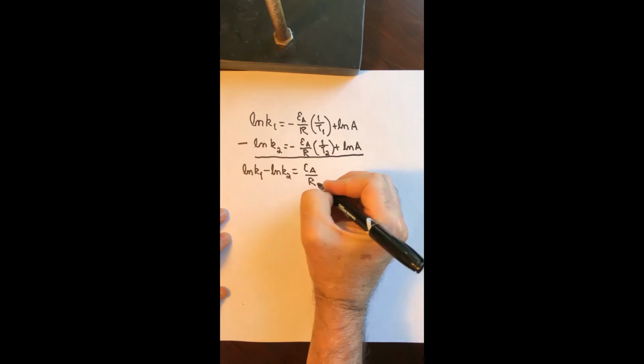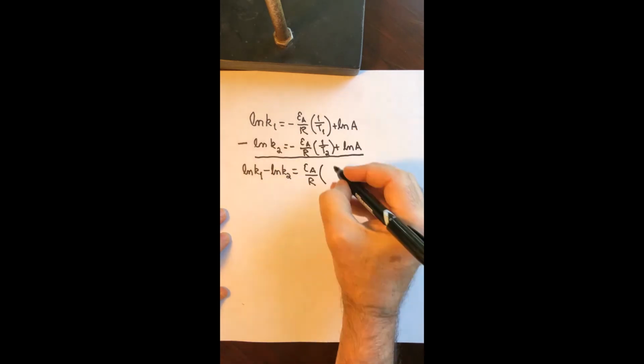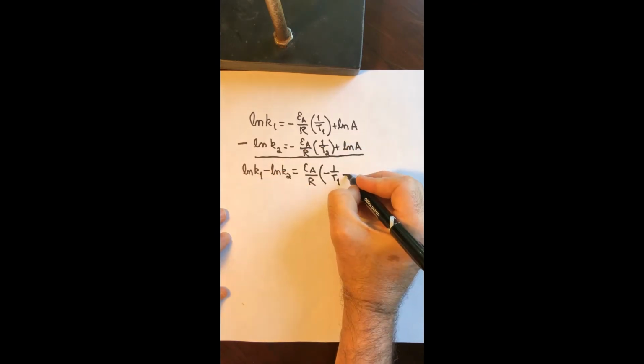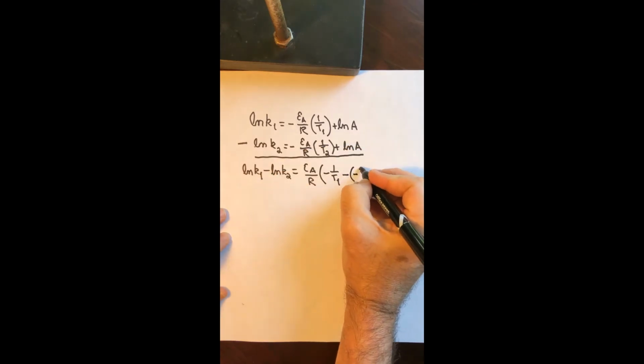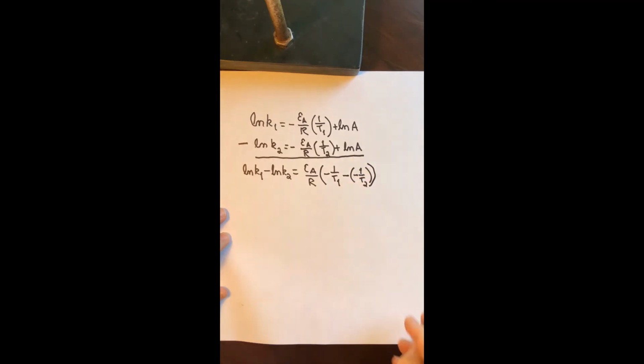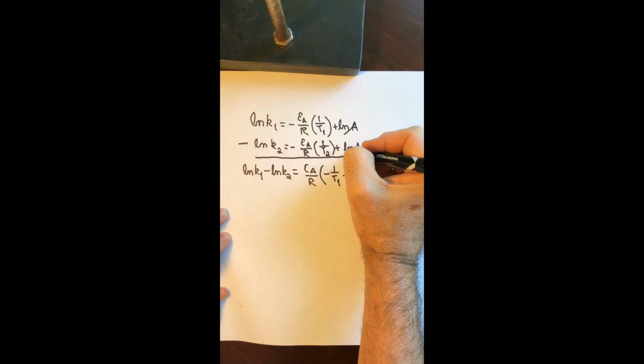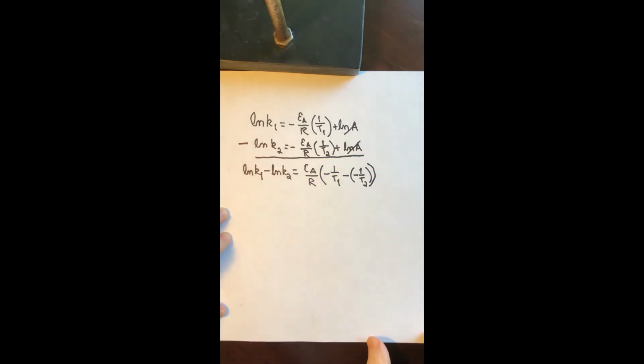Ea over R, and then inside we're going to have minus 1 over T1 minus, right, negative 1 over T2. And what happens to the rest of it? Well, ln A minus ln A essentially cancels out when you subtract.